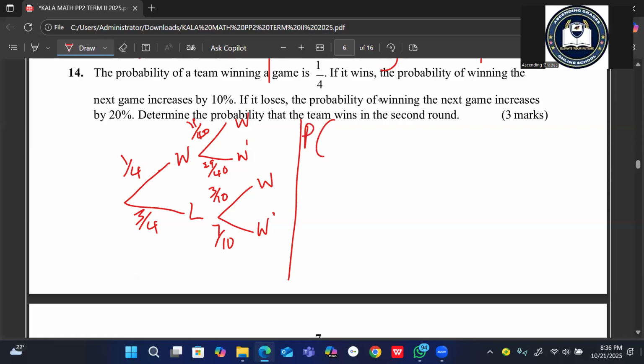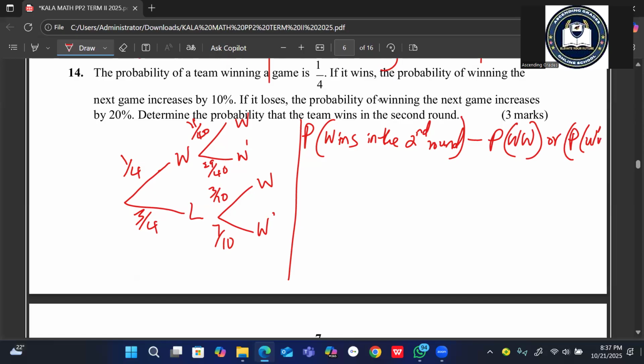So probability that the team wins in the second round, minus the probability that it wins in the first round and also in the second round, or probability that it wins in the first round, it loses in the first round and it wins in the second round.